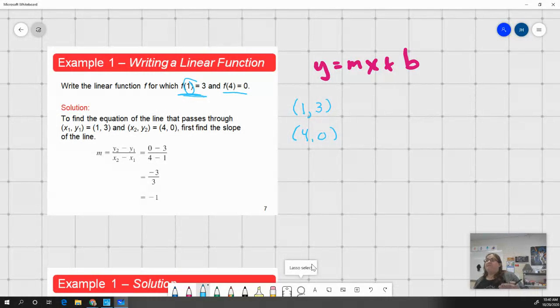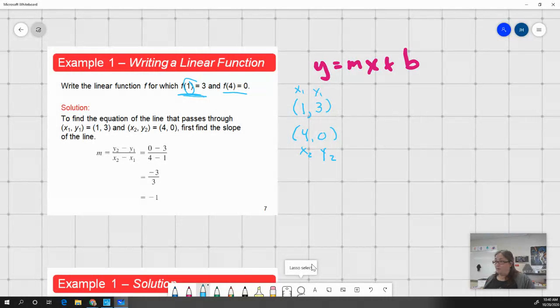Then you just have to go through the steps, right? Now, they're showing you the first part. They're saying, first thing you have to do when you have two points is find the slope. And to do that, we're going to do y2 minus y1. So we're going to make this x1, y1, and we're going to make this x2, y2.